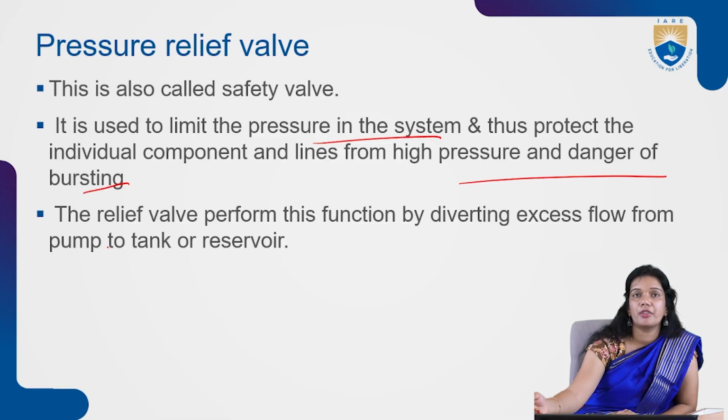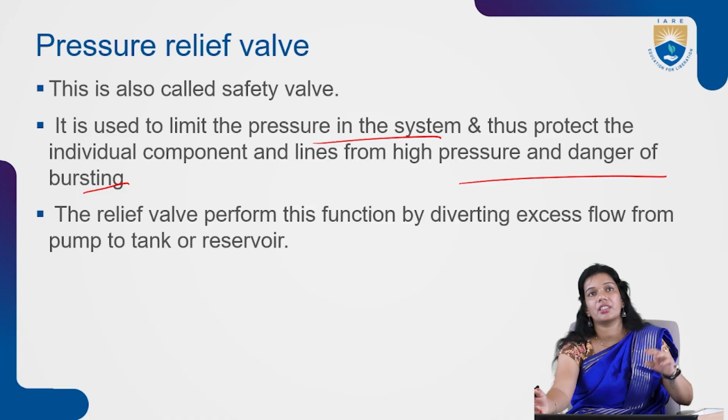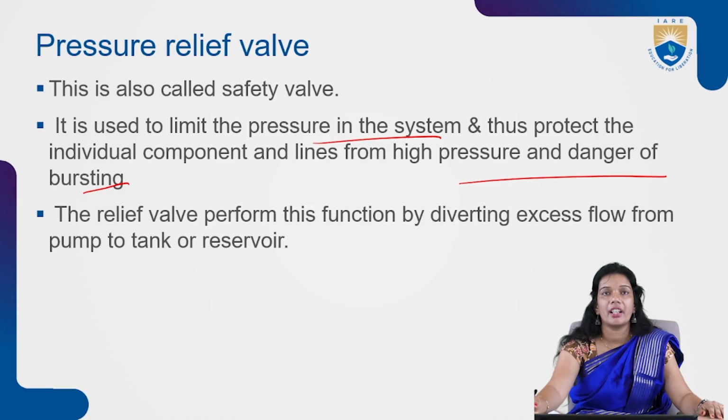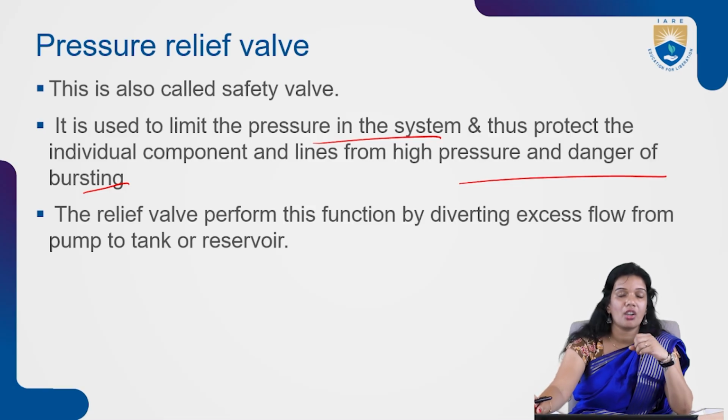So this relief valve performs this function by diverting the excess flow from the pump to the tank, or to the reservoirs. So what exactly we're trying to say is, the pressure relief valve is a safety valve. It is completely a safety valve. It is limiting the pressure in the system, and limiting means it is not going off the limits.